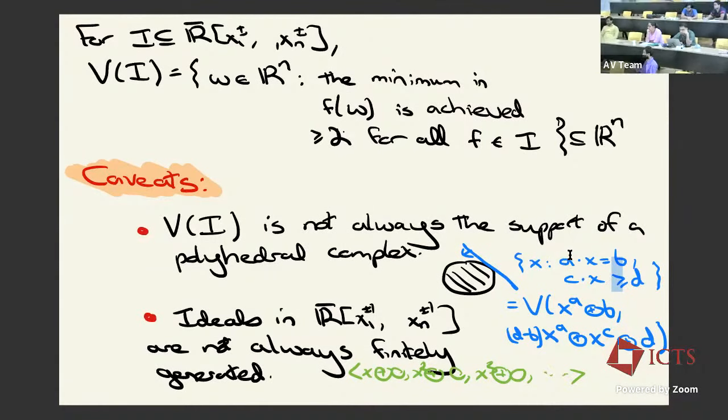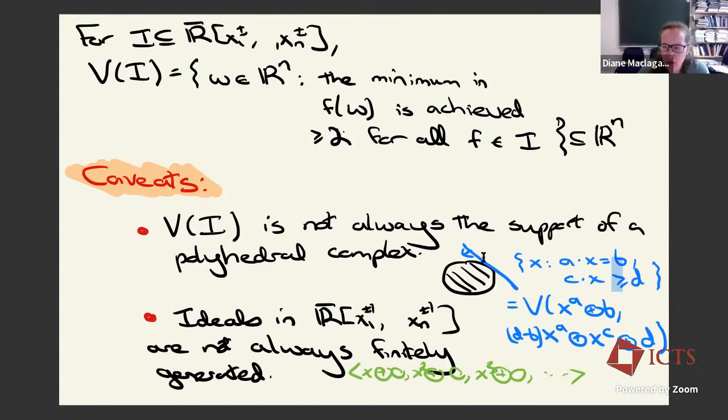Okay, great. So what have we got? The point of this example in blue was that we get any half hyperplane as the tropicalization of an ideal. And now what I can do is I take my circle in a plane.